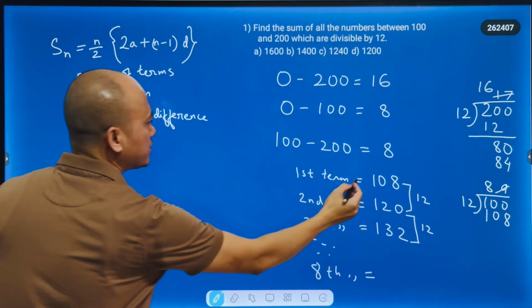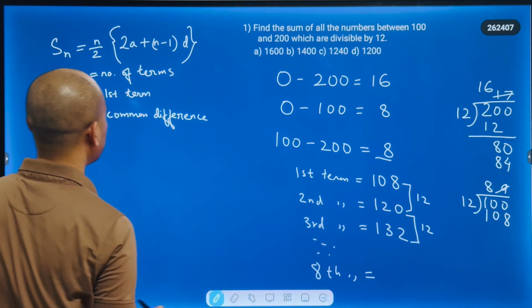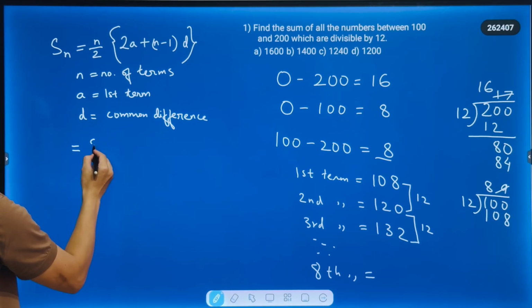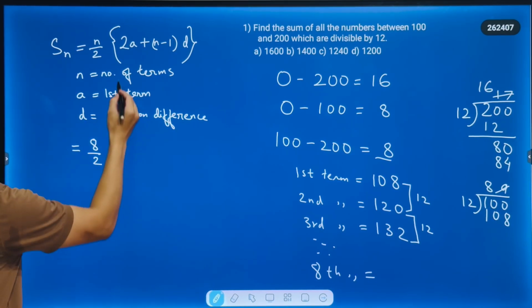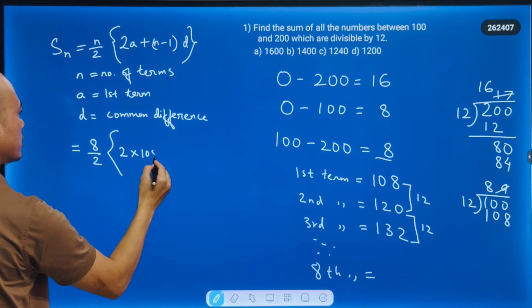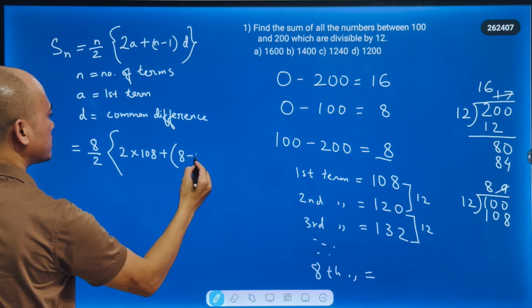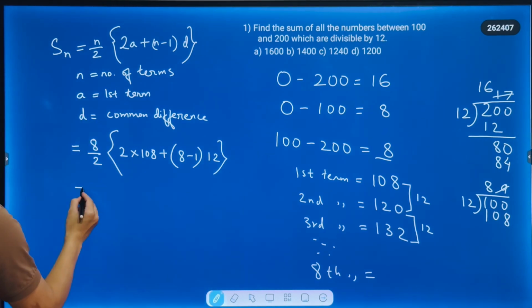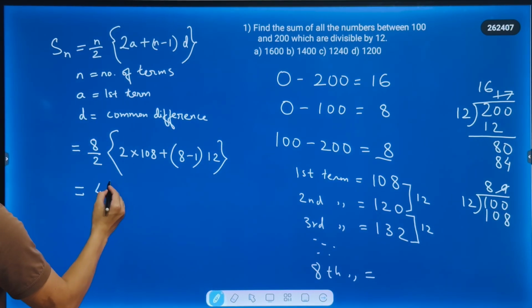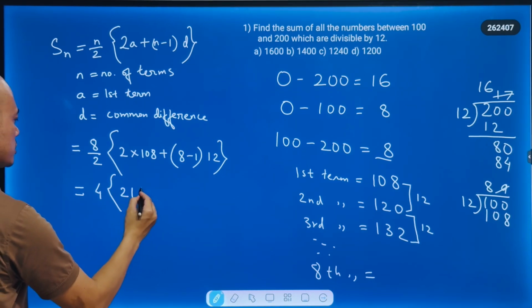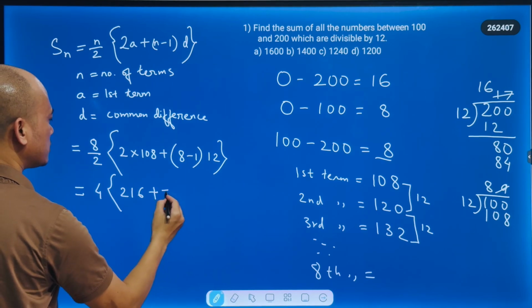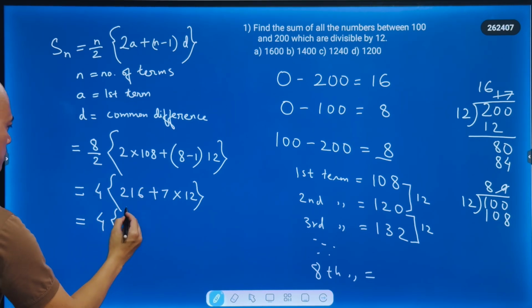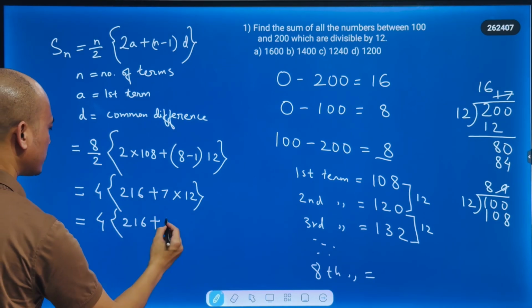Now the number of terms is 8, the first term is 108, and the common difference is 12. If we put the values directly, we will get the answer. So n is 8, this is 8 by 2, then 2 into a, so 2 into 108 plus n minus 1, which is 8 minus 1, then d is the common difference, which is 12. We can cancel: 2 4s are 8, so this is 4. 108 into 2 is 216 plus 8 minus 1, 7, 7 into 12, that is 84.